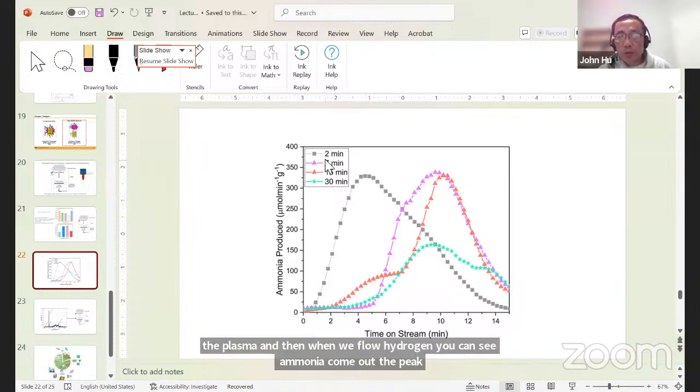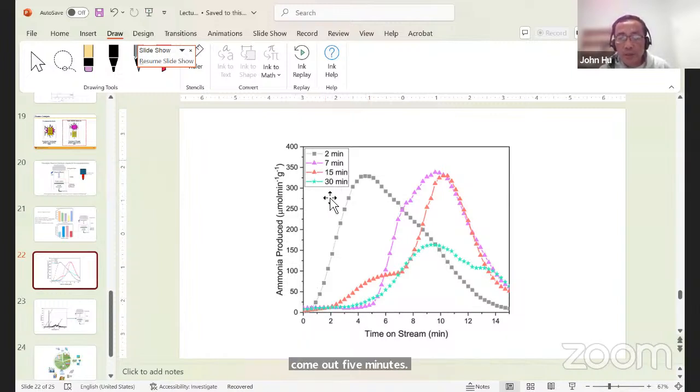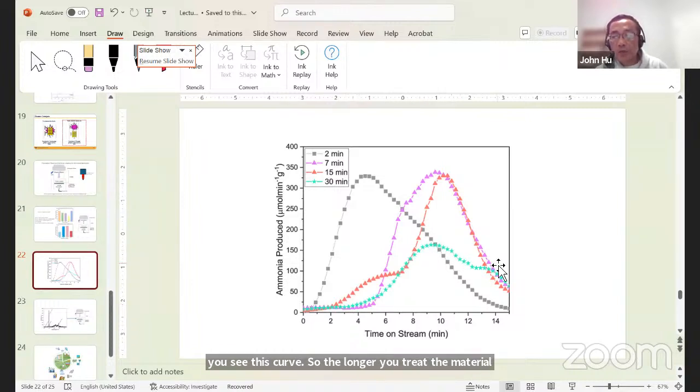If you treat this material for 7 minutes, it's a little bit delayed, the pink curve. If you treat this material for 15 minutes, you see this curve. So the longer you treat the material, the more delay in the ammonia coming out.